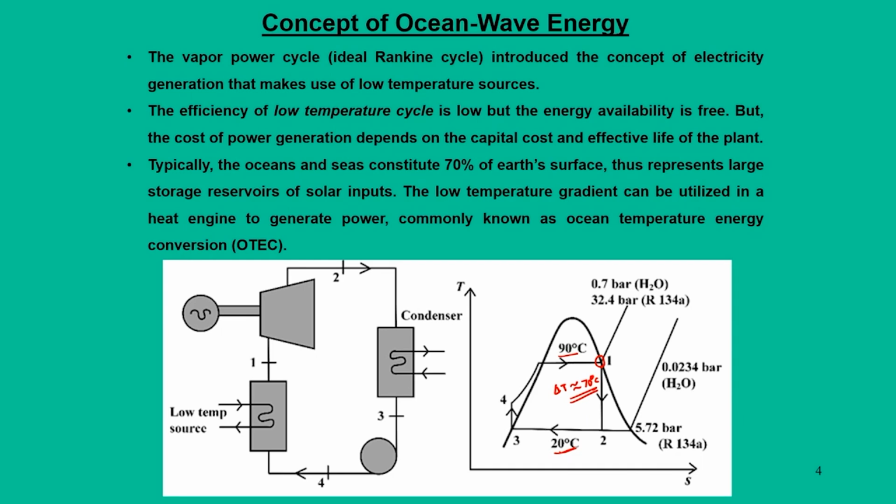So, there are two possibilities to take into account. One way is that your working fluid can be the same as the fluid which is available in the ocean, that is water, or the working fluid can be considered as a different one. So, in this dome, this particular low temperature source could be an ocean, and in the secondary cycle we can have different working fluids, which means that we have a heat exchanger that taps the energy from the ocean, which is typically available at a certain temperature difference, and uses that temperature difference to power the turbines.